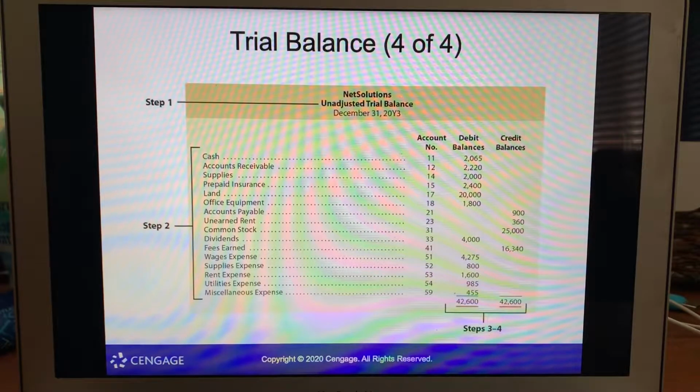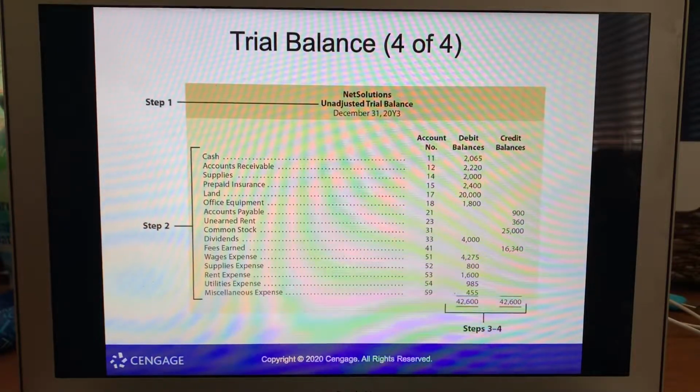So 42,600 does equal 42,600, and those accounts are listed on the left there, account number, debit balances, credit balances, and notice this is NetSolutions unadjusted trial balance, December 31, 20XX. Okay, what we want to check is do they equal.